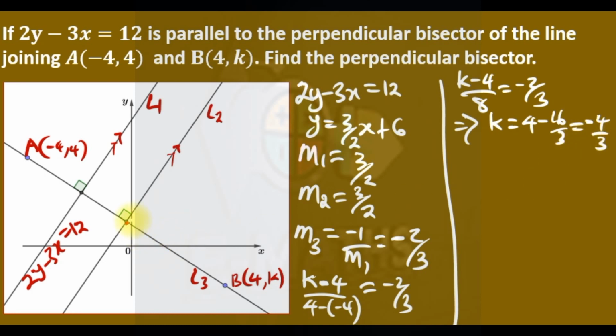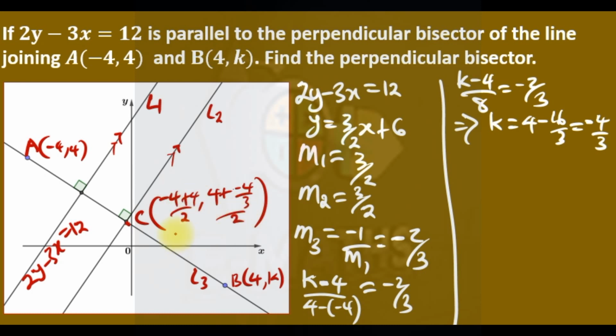With that, we can get the midpoint, because that was the problem. The coordinate of the midpoint is always equal to the average of the two points. So the coordinate of this midpoint, let's call it point C, is ((-4 plus 4) over 2, (4 plus (-4 over 3)) over 2).